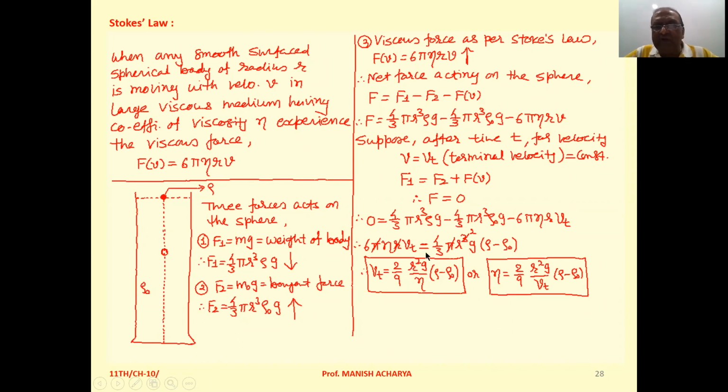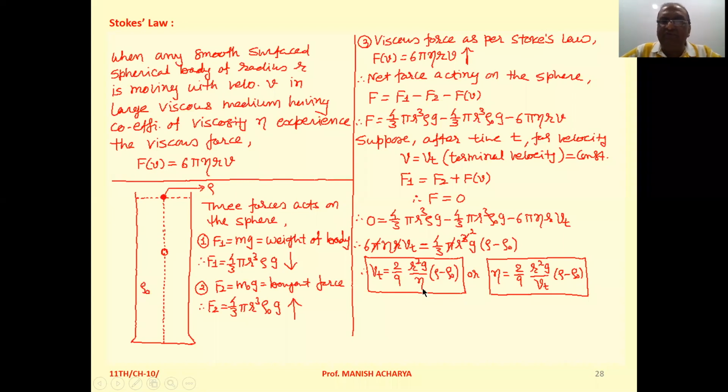So now here you can write two equations. Vt equal to 2 by 9 r square g upon eta, into rho minus rho 0, or eta equal to 2 by 9 r square g upon vt, into rho minus rho 0. So experimentally, if you measure the terminal velocity, then you can calculate the coefficient of viscosity.